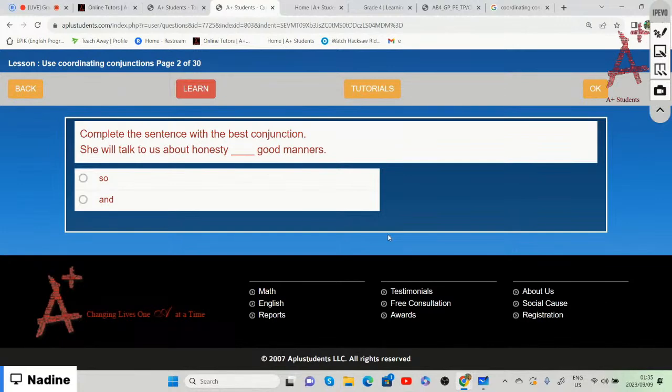Which one do you think is the best conjunction in order for us to complete the sentence? She will talk to us about honesty, so good manners, or and good manners.